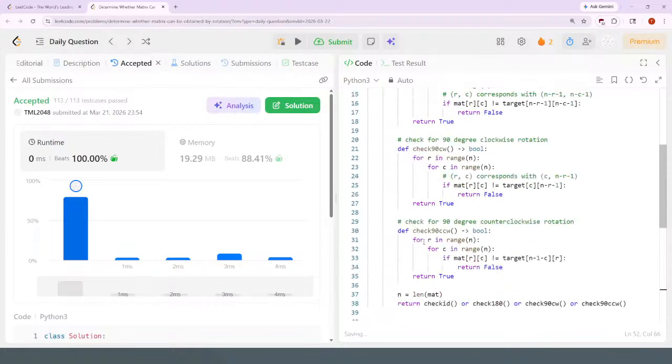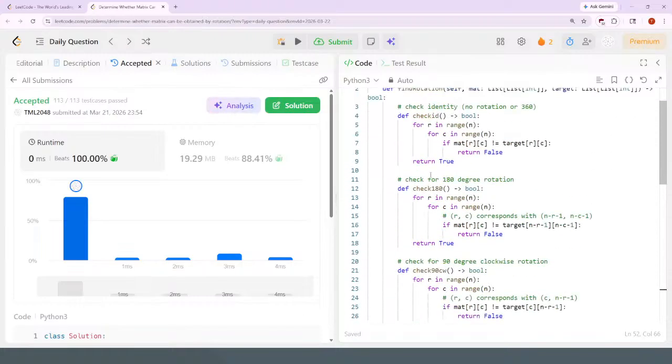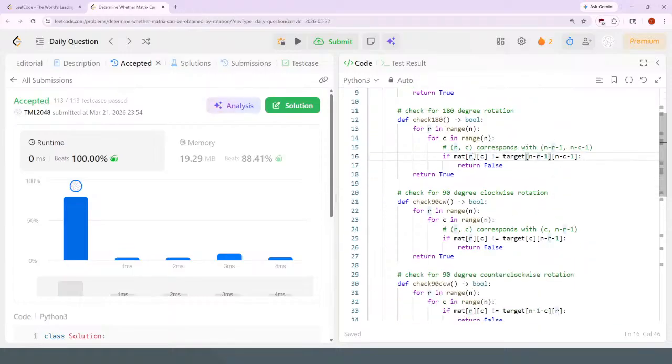Right, so checking for 180 degrees iterates through all the indices, R and C. Target is going to be, for RC, n minus r minus 1, n minus c minus 1.